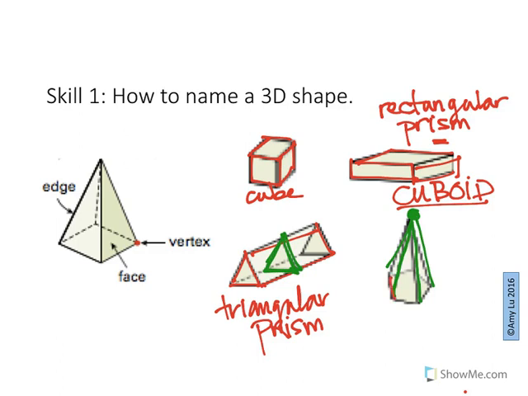So in this case, I see 1, 2, 3, 4, 5 sides. And a shape that's five-sided is called a pentagon. So in this case, this is called a pentagonal pyramid.